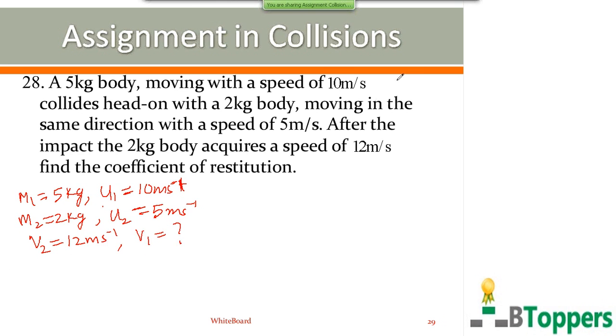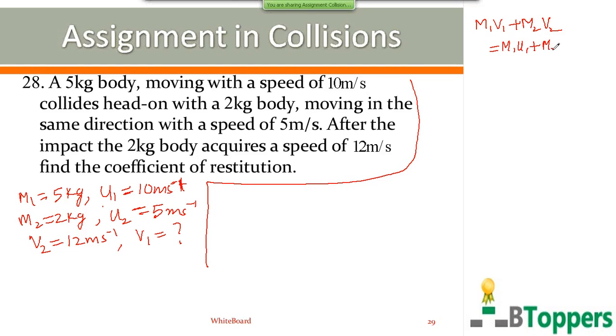So the first equation which we use for our problems in one-dimensional inelastic collisions is m1 v1 plus m2 v2 equal to m1 u1 plus m2 u2. Substitute all these values and find v1. After calculating v1, the coefficient of restitution between the two bodies is given by e equal to v2 minus v1 by u1 minus u2.